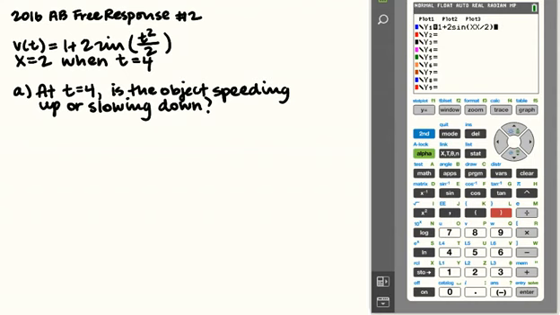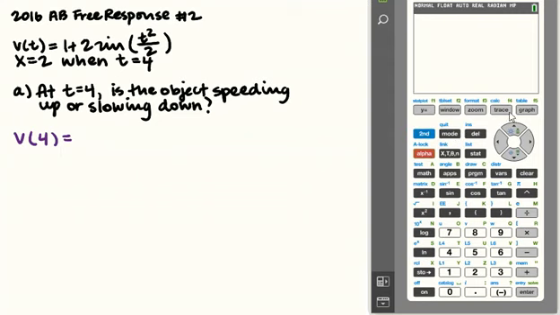So I need to check V of 4 and A of 4. All right, so let's do that over here. Well, V of 4, I need to just let the calculator do that. Could we definitely plug in 4 ourselves and find 1 plus 2 sine of 8? Sure.